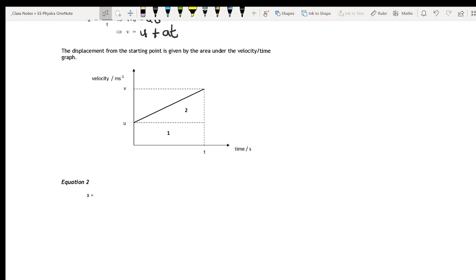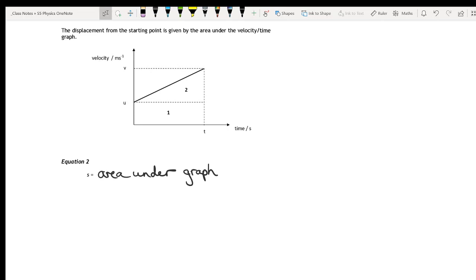We look at equation 2: s, the displacement, is the area under the velocity time graph. So that's the area of the rectangle, area 1, plus area 2.